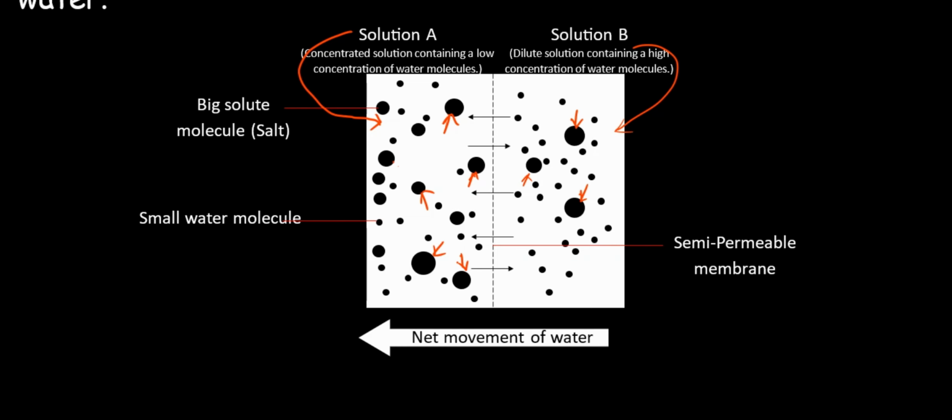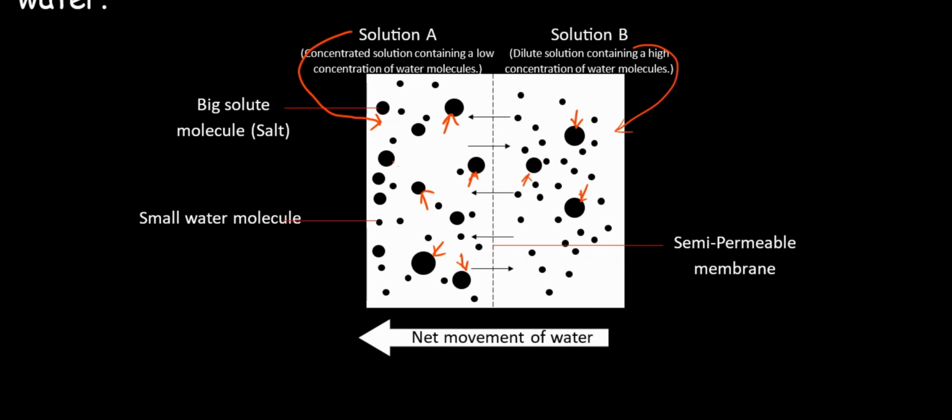So, therefore, solution A with higher concentration of solute has a smaller amount of water left for dissolution of more solute, while solution B with lower concentration of solute has more water available. What this means is that solution B will have a higher concentration of water than solution A.